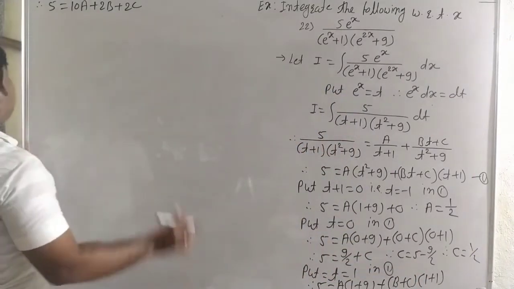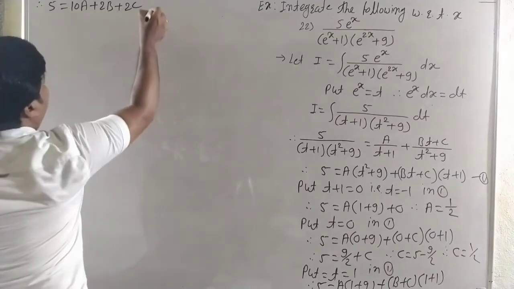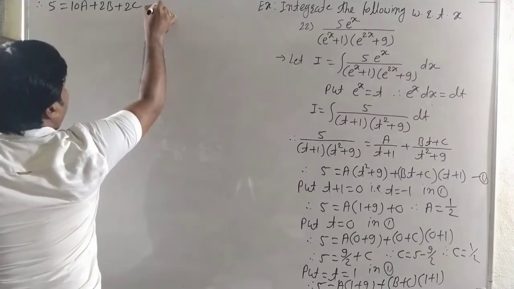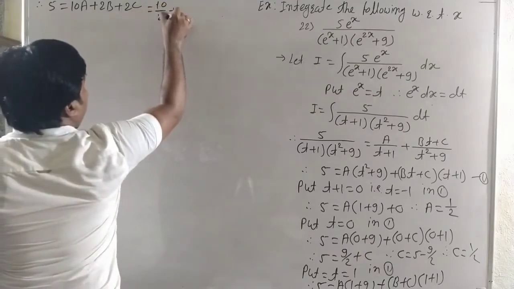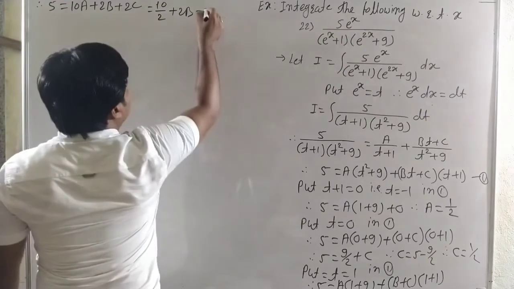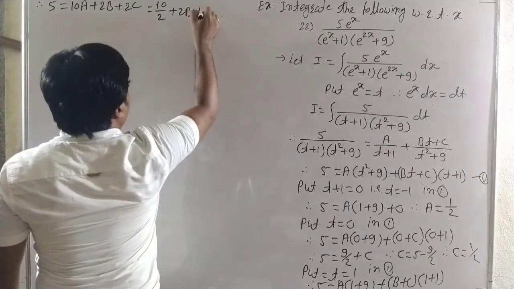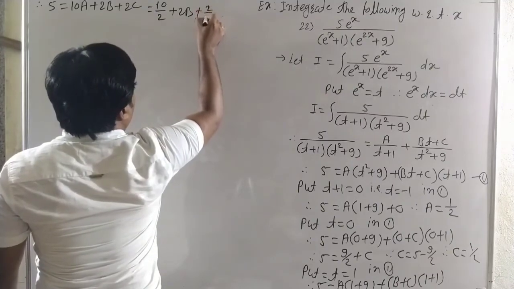Therefore put the value of only a and c. We get here 10 by 2, that is a is 1 by 2, plus 2b, plus 2c, again c is 1 by 2, plus 2 by 2.